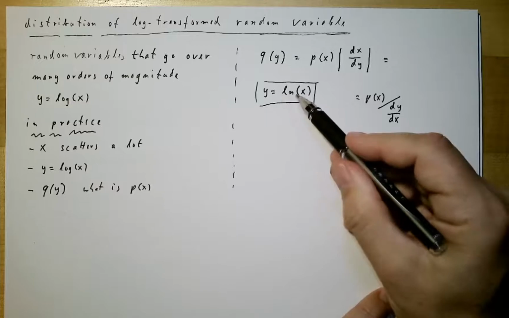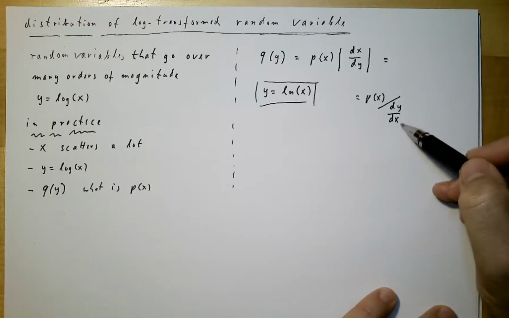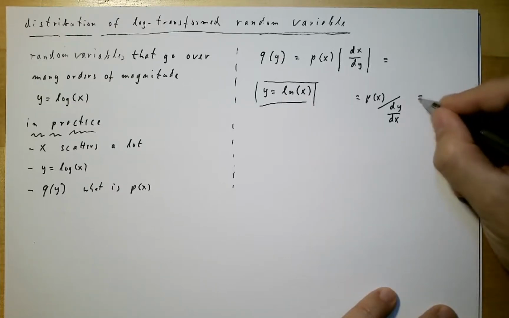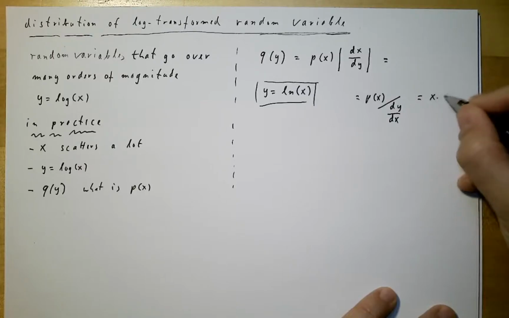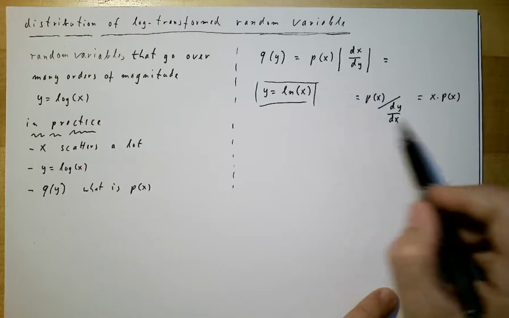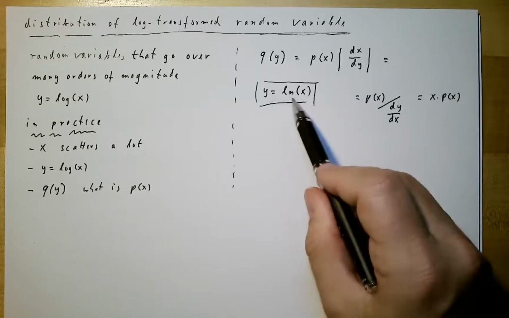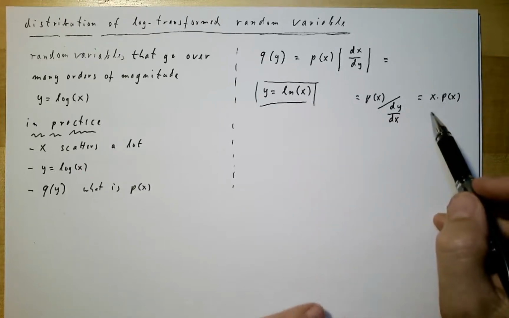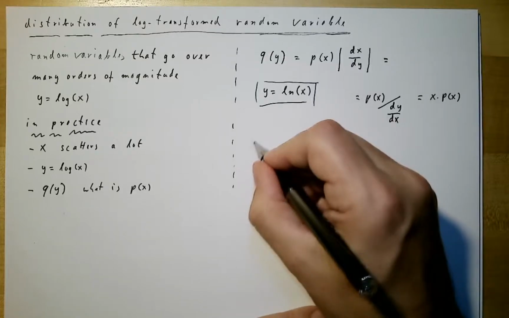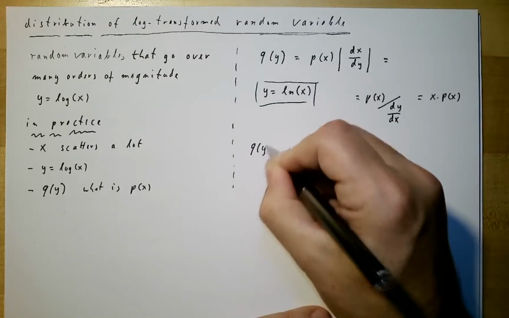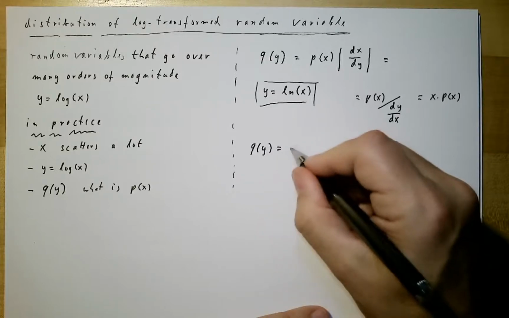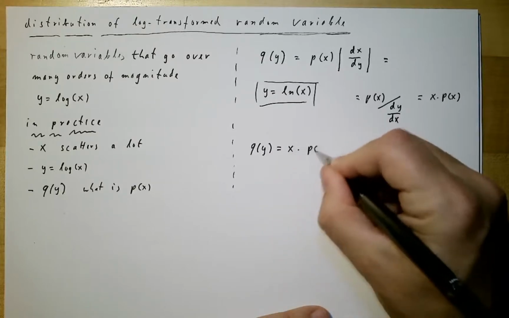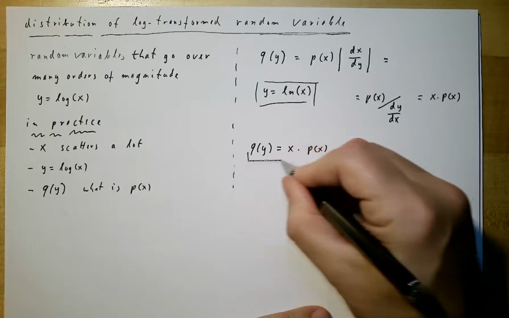Now the derivative of the logarithm is 1 over x, and so this is x times p of x. Now if we use this transform, right? So for this transform, q of y equals x times p of x.